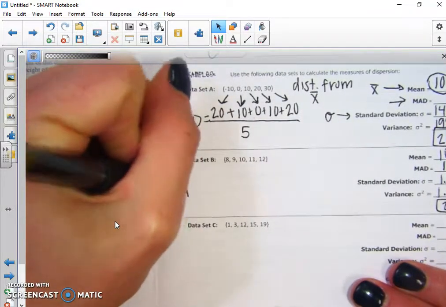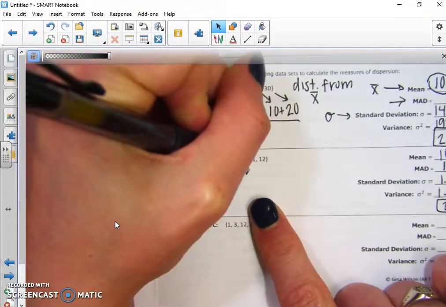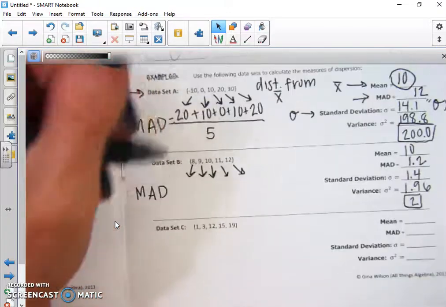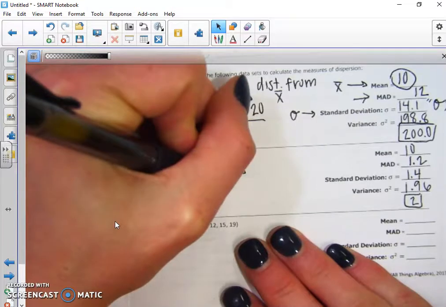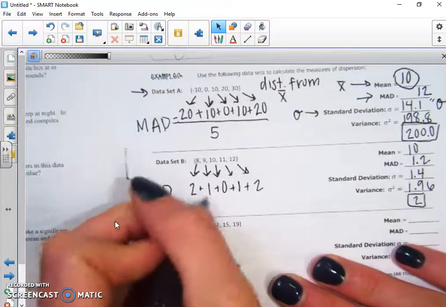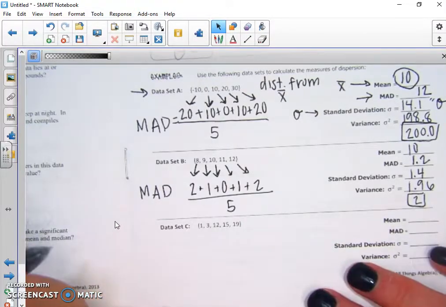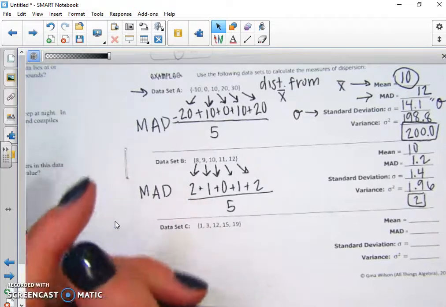So you can list out the distances between each of these and 10. So the distance between 8 and 10 is 2. This is 1, 0, 1, 2, and then we're finding the average, so divide that by 5, and we'll get 1.2.